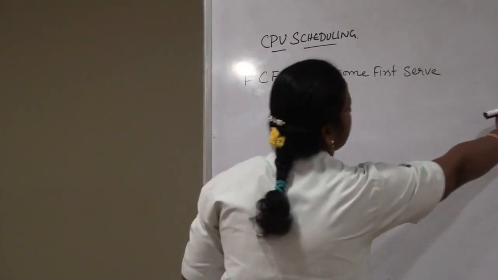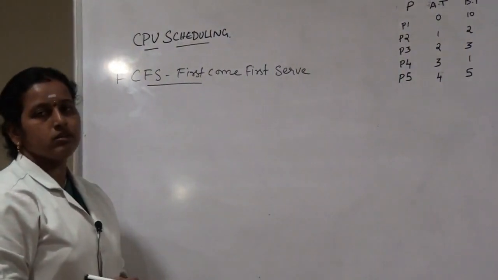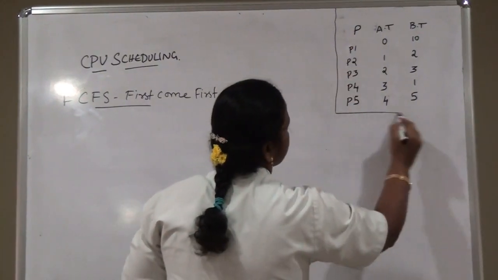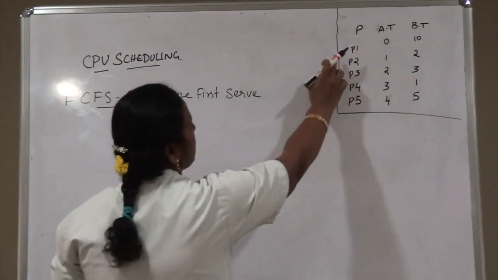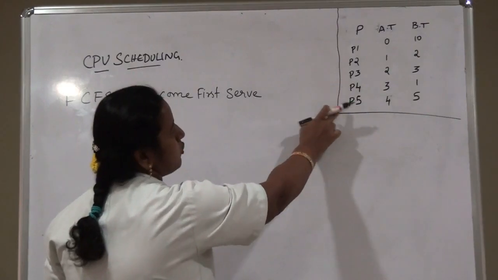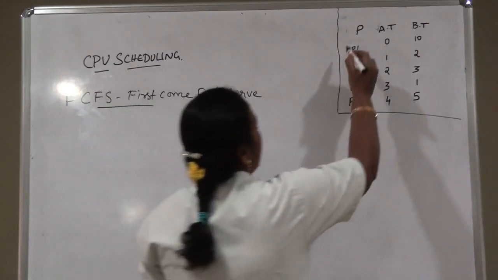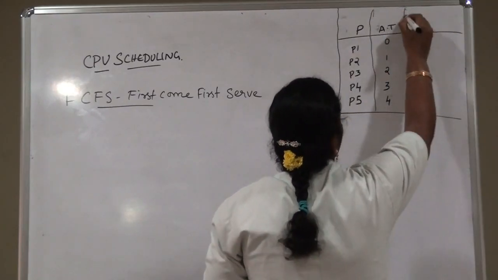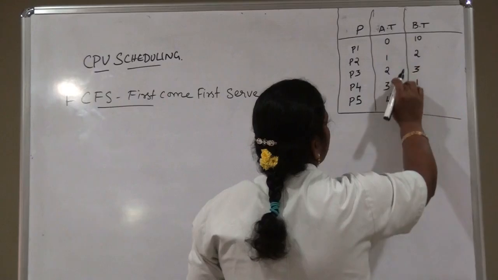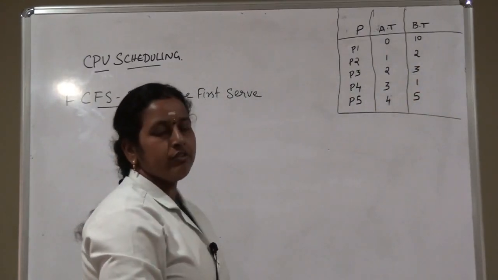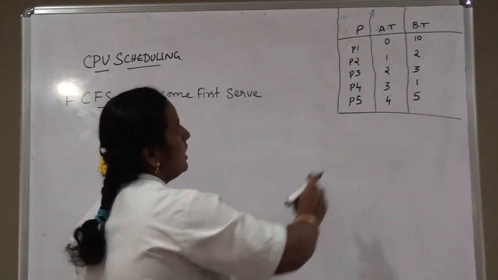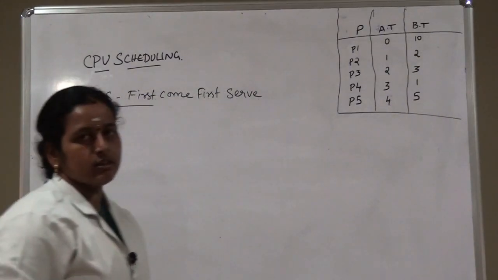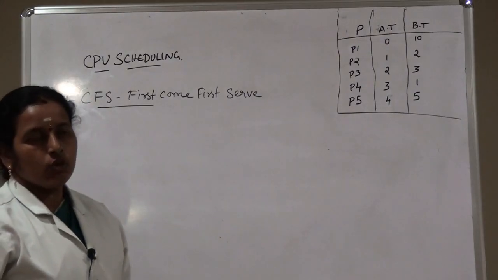Now we will take this example problem which is given here. The processes are P1, P2, P3, P4 and P5, and the arrival times are 0, 1, 2, 3, 4 for the consecutive processes, and the burst times are 10, 2, 3, 1 and 5 for the consecutive processes.